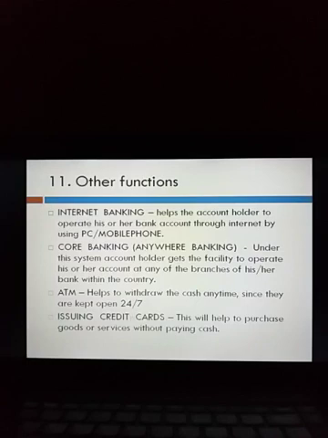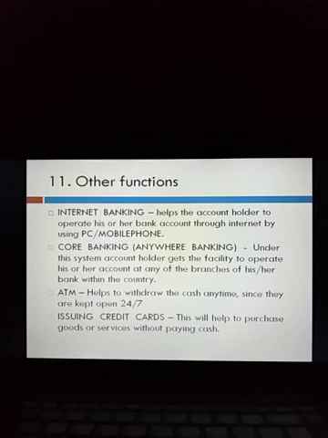Issuing credit cards. The credit cards will help to purchase goods or services or even to withdraw cash. In fact, the major difference between a credit card and a debit card is that a debit card is nothing but the ATM. If we have the money in our account, we can use it.